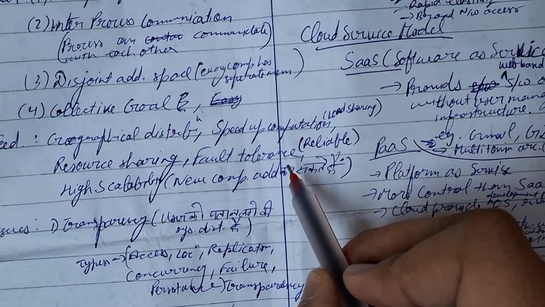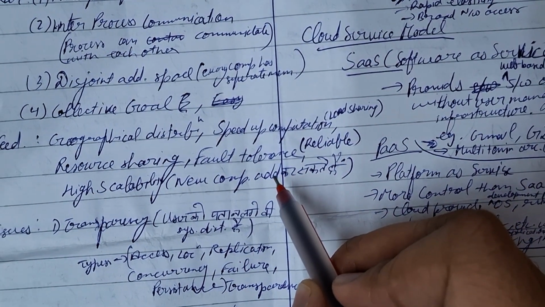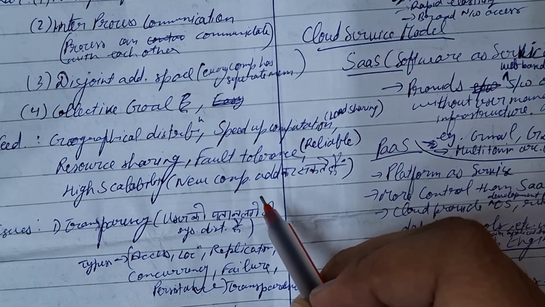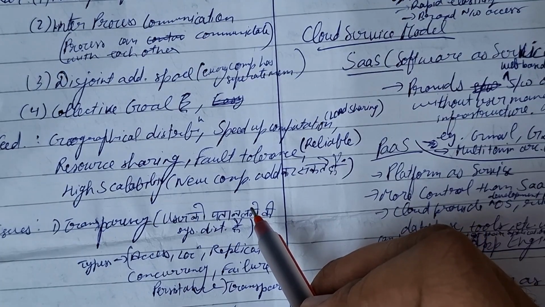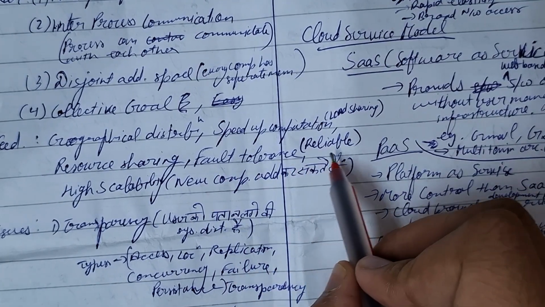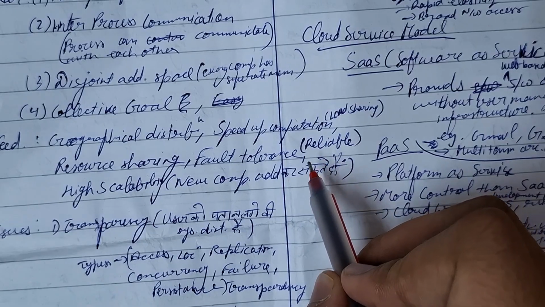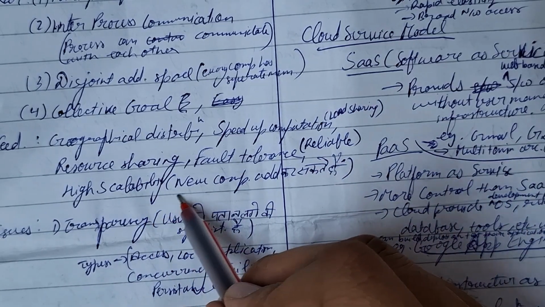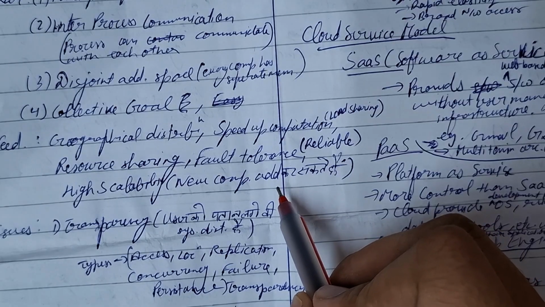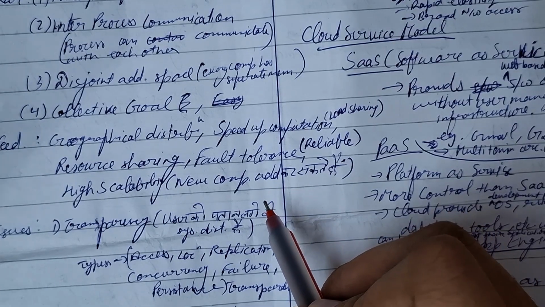As you know, in cloud computing or in a distributed system, the data is on multiple systems, so we can say the backup is already there on multiple computers. That helps in fault tolerance. However, we will discuss fault tolerance in detail in upcoming videos. Another is high scalability. We can add as many computers as we want, so we can expand the network of computers.